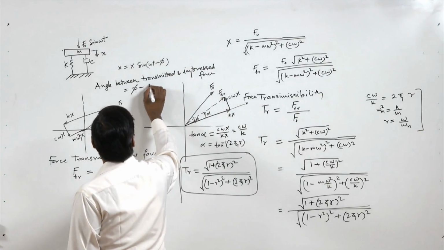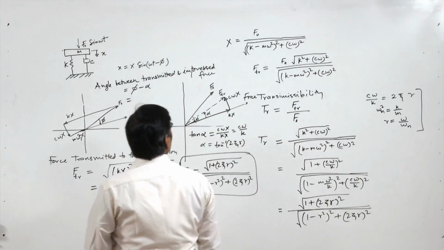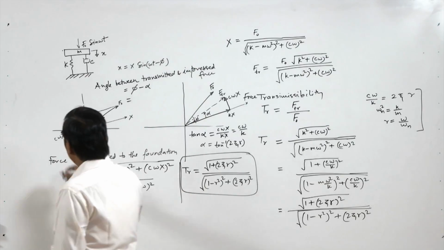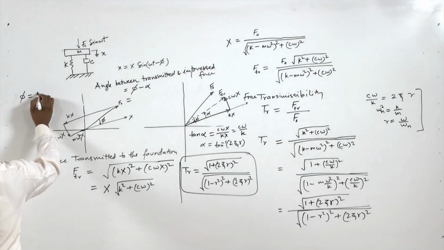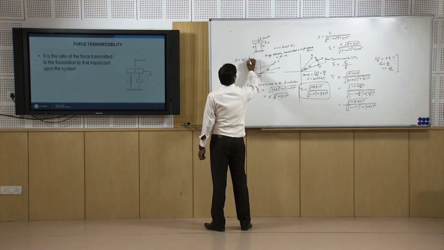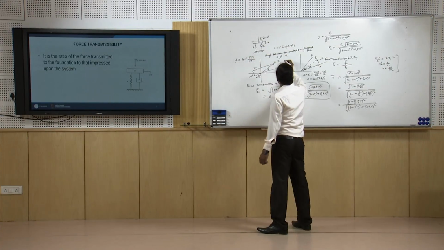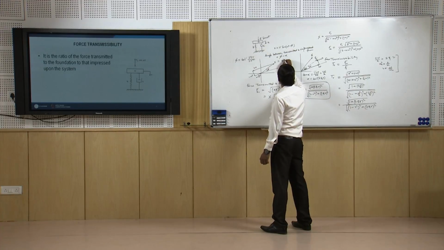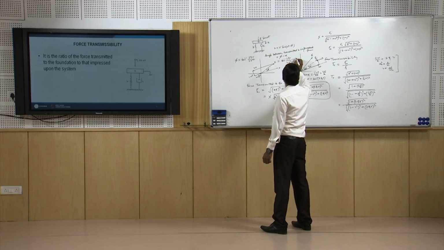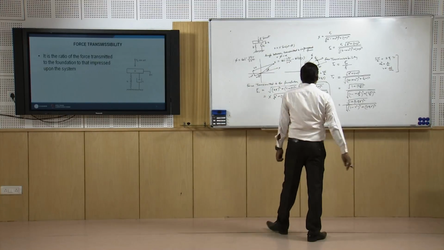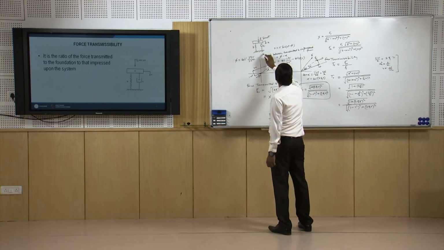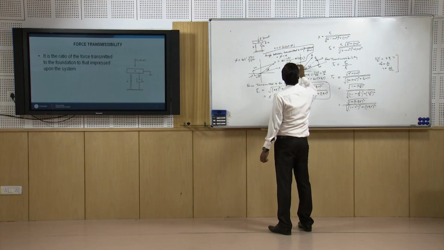Phi we already know: phi is tan inverse 2 zeta r by 1 minus r square. So it is tan inverse 2 zeta r by (1 minus r square) minus tan inverse 2 zeta r. Okay, so this is the angle of lag.